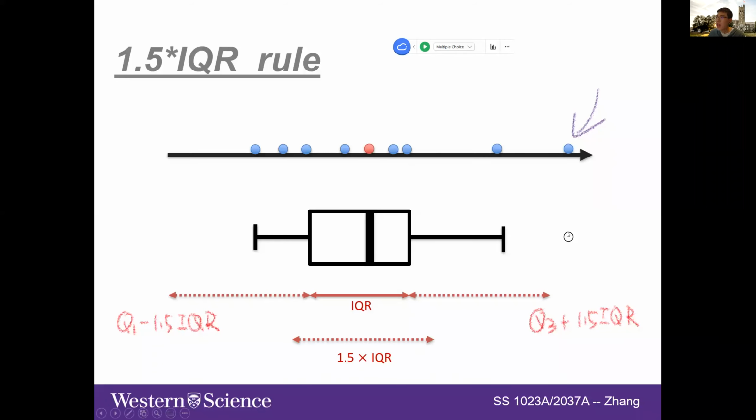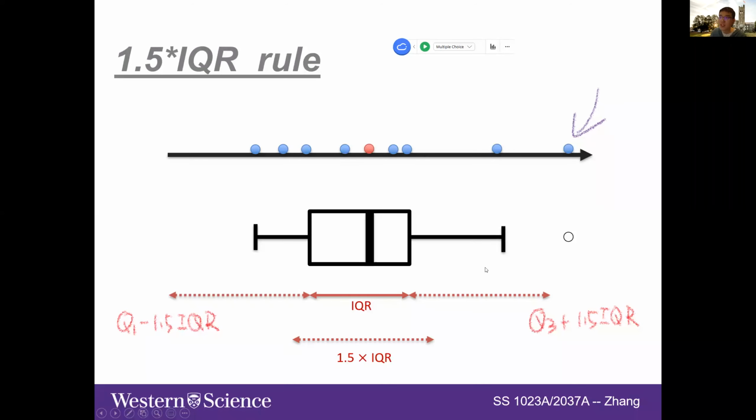We use this hollow point to represent our outliers. And because if we remove this outlier, the maximum of the remaining data set will be this data point, our new right bar will shrink to this place. So it's no longer this long, but shrinks to this place.